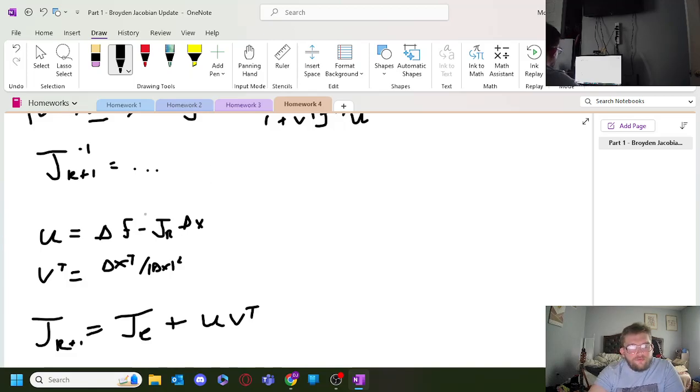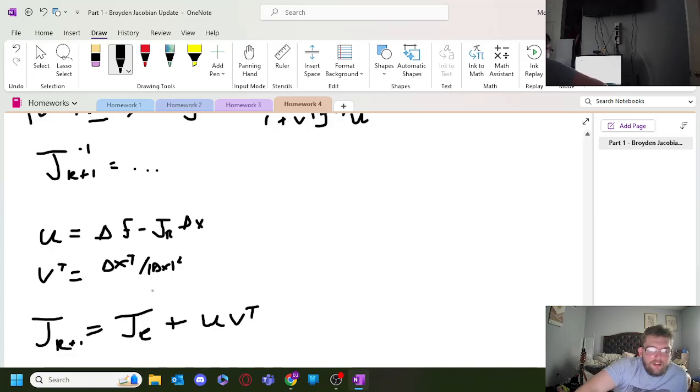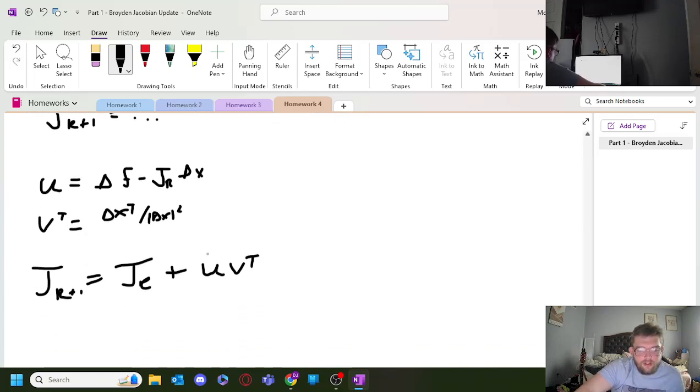We have a column vector in F here, but the Jacobian here is a matrix. So if we were to have 3 F's and 3 X's, it would be a 3 by 3 matrix. But since we're multiplying it by a column vector, an n by 1, we're going to have a 3 by 1, which is just a column vector again. So that checks out. Delta x transpose is a row, and the delta x norm squared down here is a scalar, so that won't affect the shape at all. That's why you can assign those values.